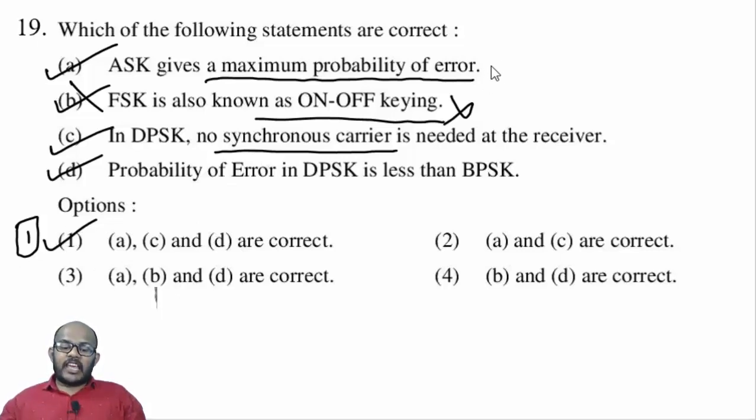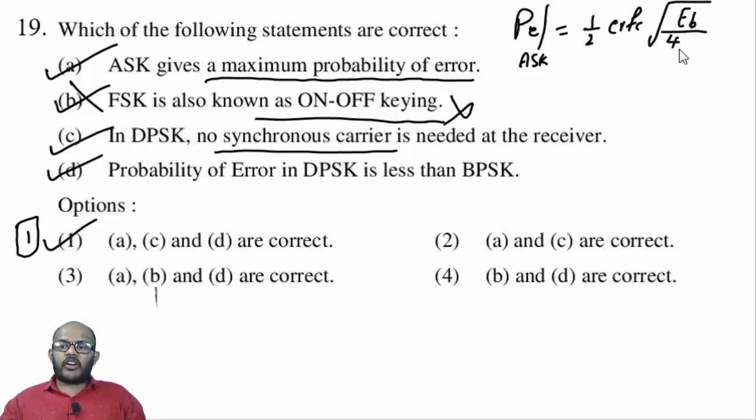In the case of ASK, the probability of error is given by half times erfc of square root of Eb divided by 4N0. Probability of error in the case of FSK is half erfc of square root of Eb divided by 2N0.